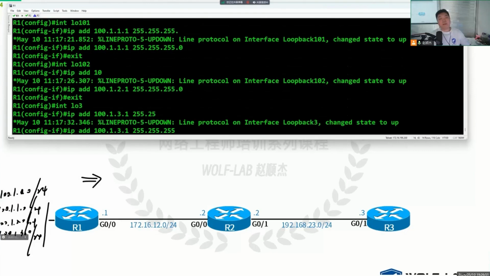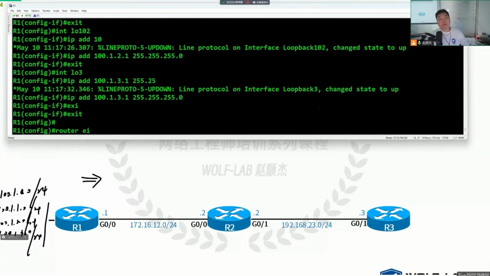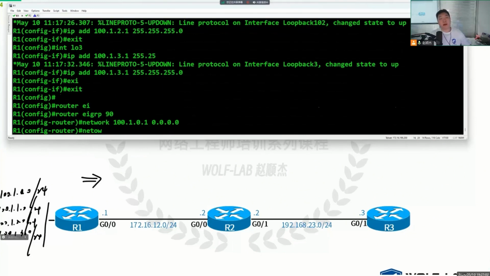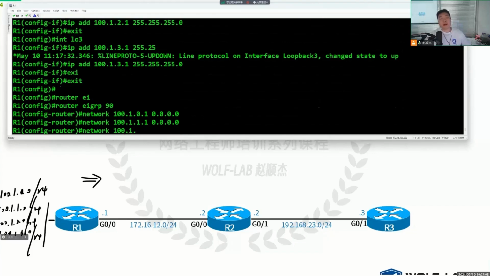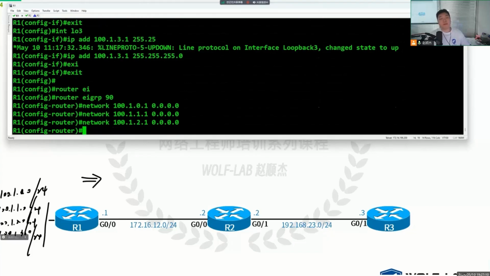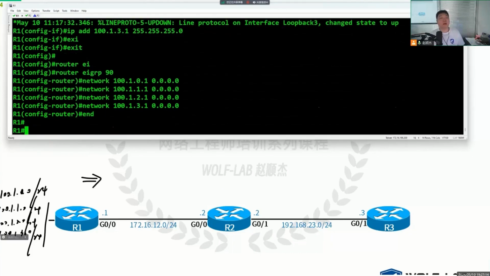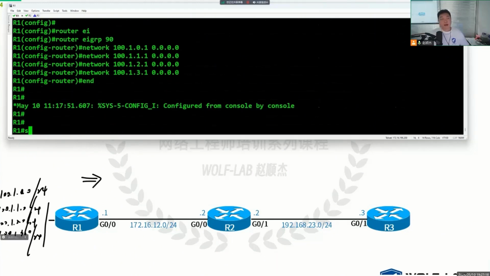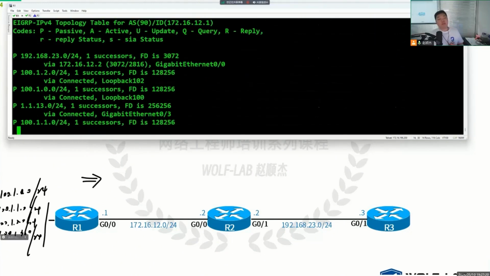Then we announce all of them into our EIGRP database: 100.1.0.1, 100.1.1.1, 100.1.2.1, 100.1.3.1. These 4 routes are placed into our EIGRP database, generating corresponding entries. Then we inform our neighbors.